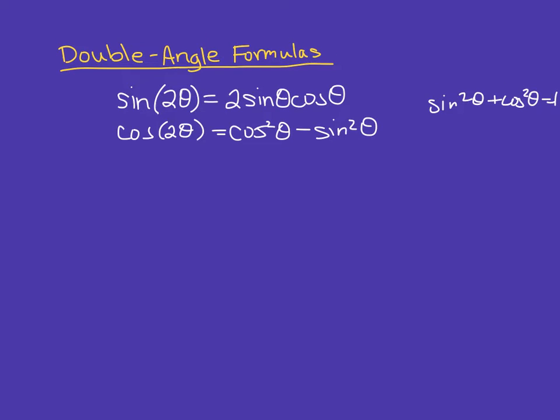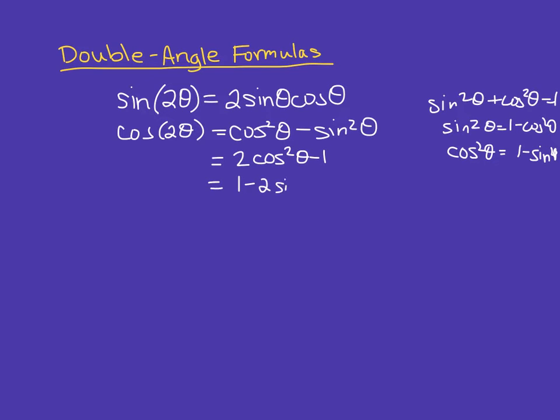So if you were to replace sine squared theta with 1 minus cosine squared theta, you would get an alternative identity, which would be cosine of 2 theta is equal to 2 cosine squared minus 1. If you did the same thing, except now you solved for cosine squared and replaced it with 1 minus sine squared, you would get 1 minus 2 sine squared theta.